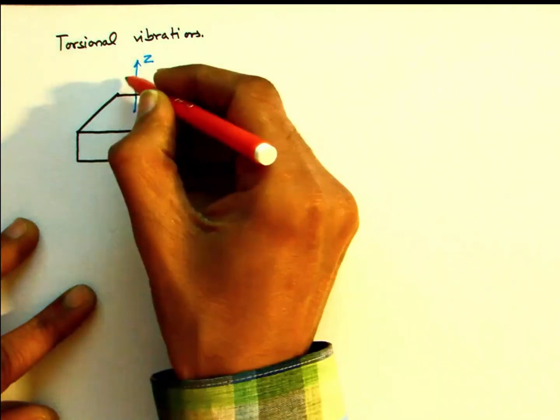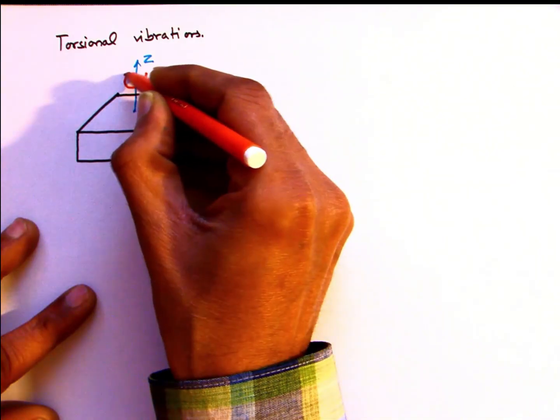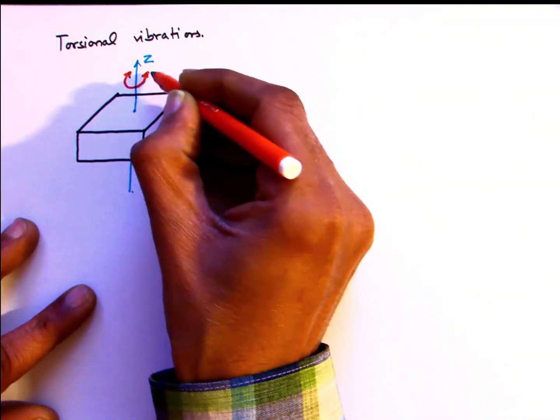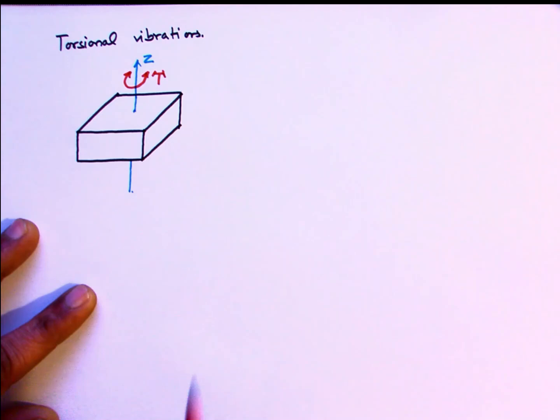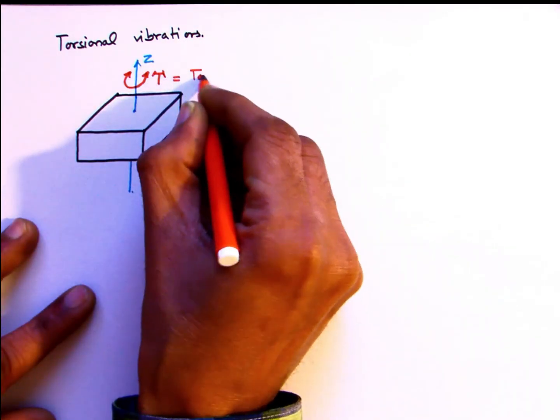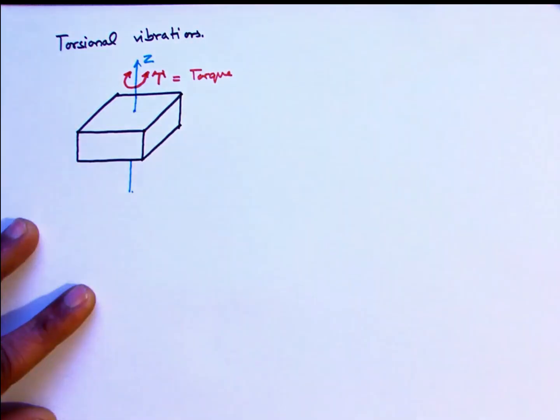As we have indicated, this constant comes into picture because of the torsional moment acting about the vertical axis.